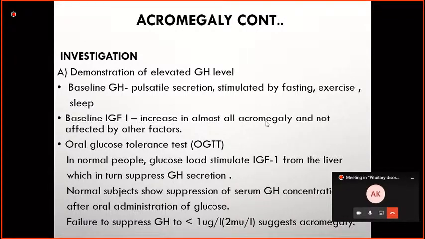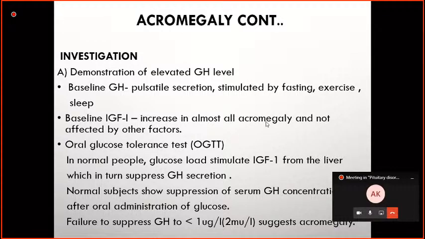So one of the tests that can be done to try to suppress the growth hormone is the oral glucose tolerance test. You give glucose, trying to suppress the growth hormone.